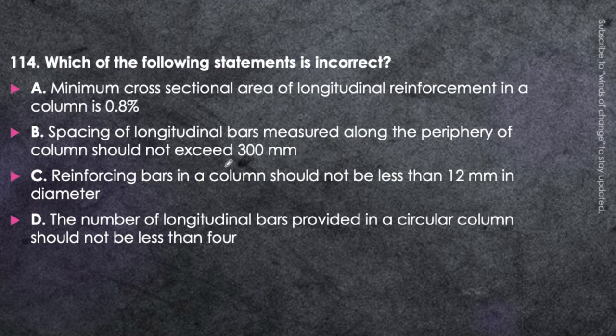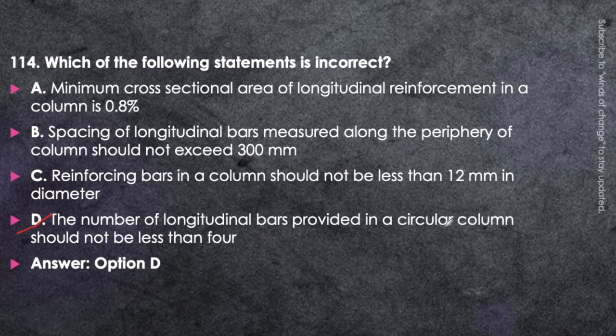So I think it is also correct. Reinforcing bar in a column should not be less than 12 mm in the diameter, which is also correct because 12 mm is the minimum diameter that has to be provided in case of the column. And the number of the longitudinal bars provided in a circular column should not be less than 4. This one is an incorrect statement. Okay, so option D will be here correct. This is an incorrect statement.